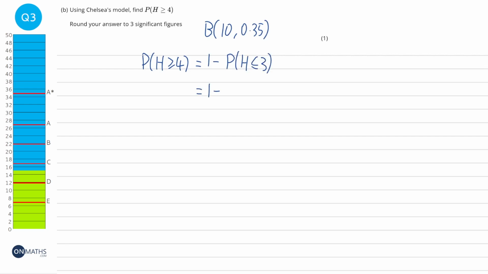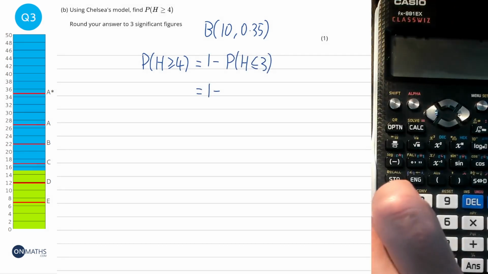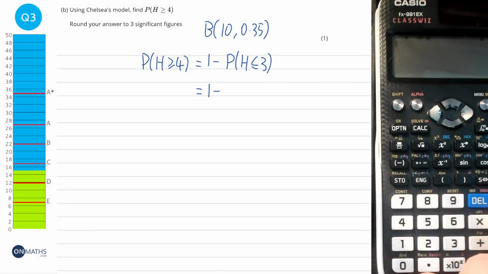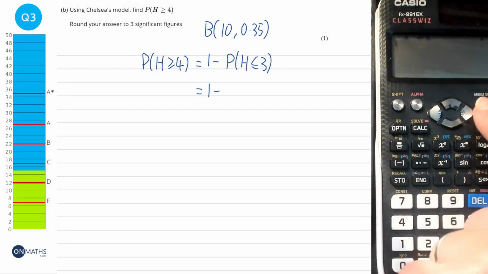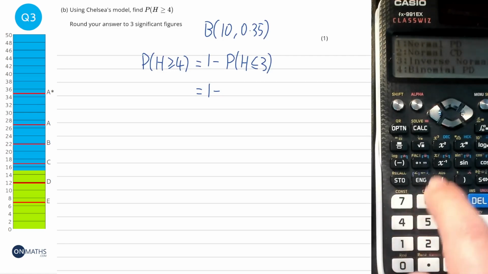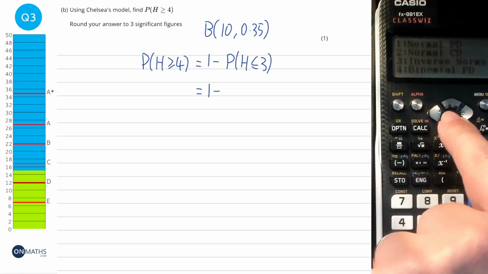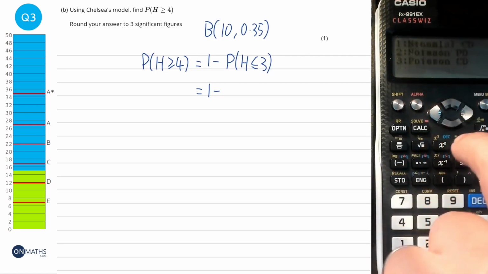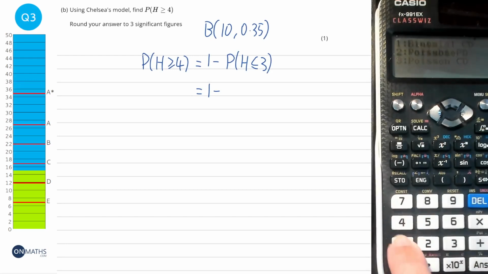And we're going to use the calculator for that, so I'm just going to bring up the calculator, and your calculator might be slightly different, but you press the menu button, and then we're going to press 7, and the binomial CD is not there, so we're going to press down, and it's the top one there, so we're going to press 1.